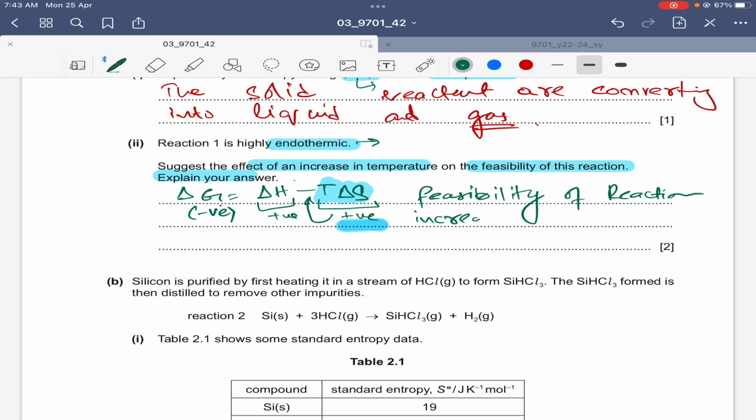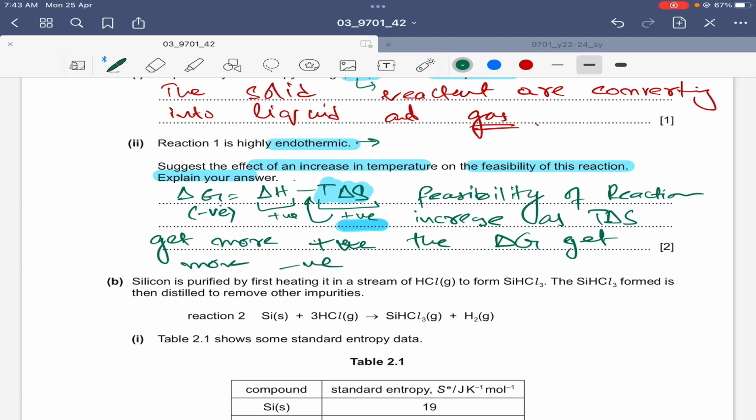Increase, as T delta S gets more positive, the delta G gets more negative, because as T delta S becomes more positive, overall minus of T delta S would also increase, so we get the answer in negative, so the delta G gets more negative.